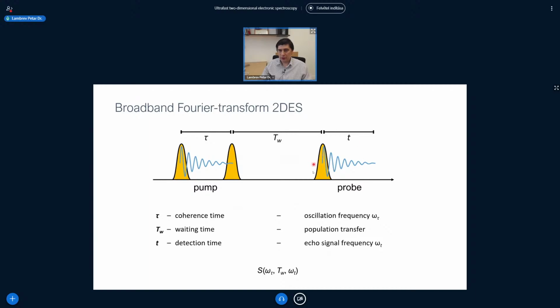We just measure the signal at the time of the probe. So in reality, we get the signal as a function of two frequencies, the pump frequency and the probe frequency, and one time delay. So this is the two-dimensional spectrum.